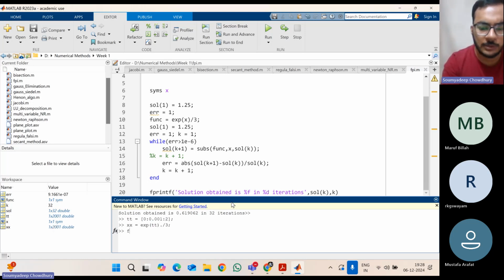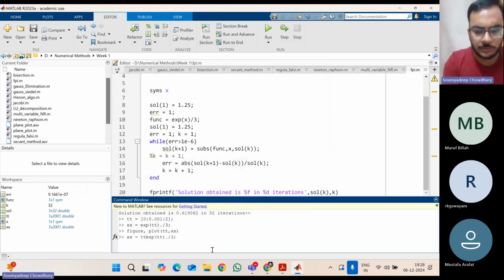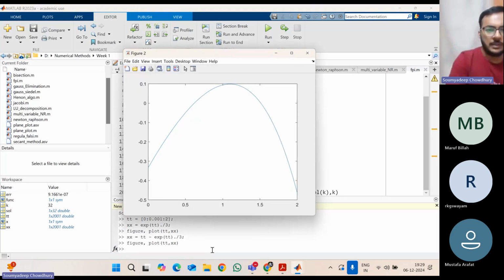If I just plot this function, figure, plot xx. So if you see this, x minus e power x by 3. You can see here, okay, I'll draw the x-axis also.